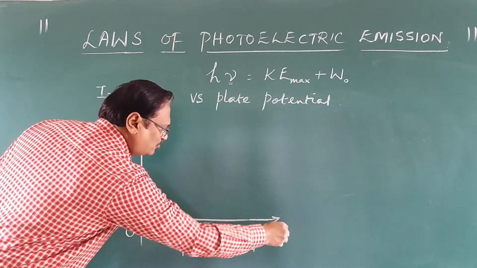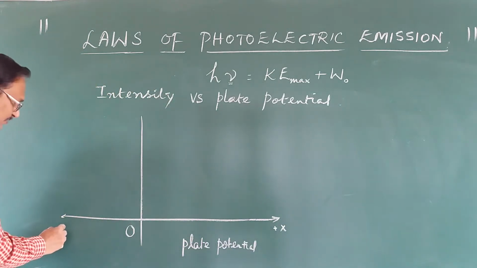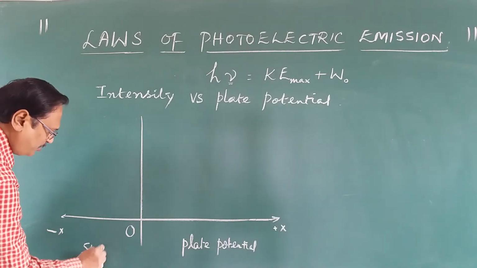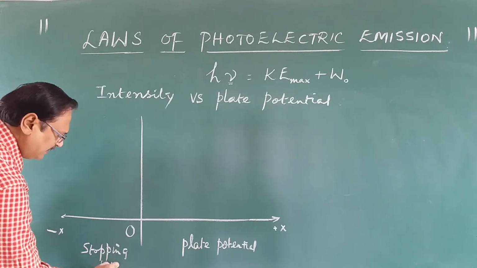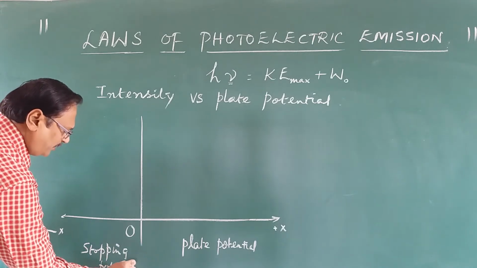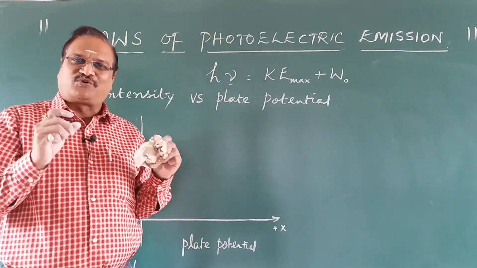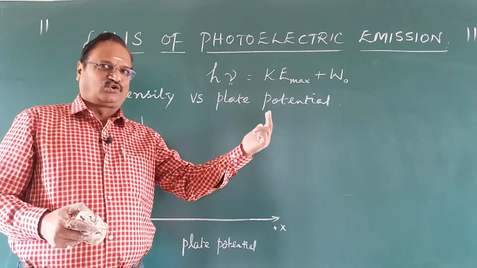This is the positive x-axis and this is the negative x-axis, and here we are going to have the stopping potential. What is stopping potential? Stopping potential is the negative potential which stops the photoelectron from reaching the plate, the electrode.